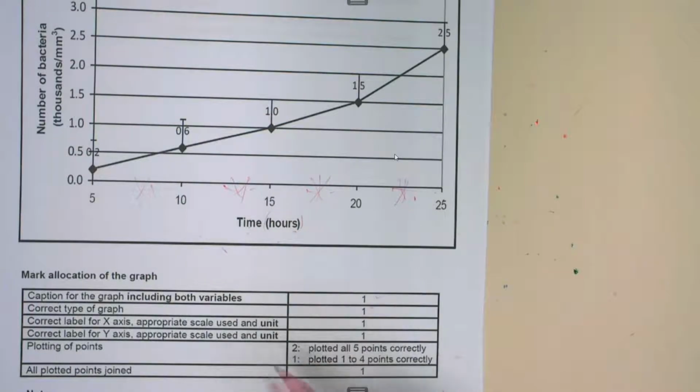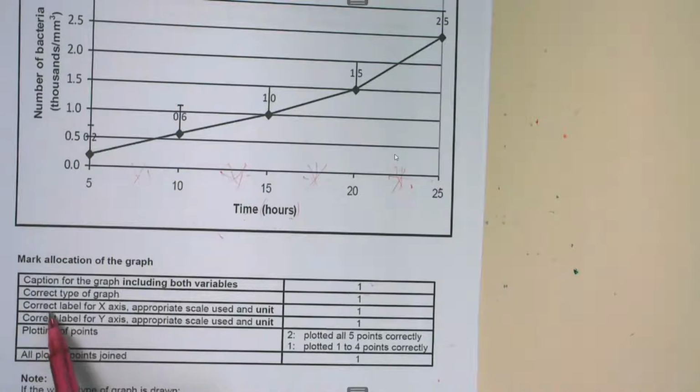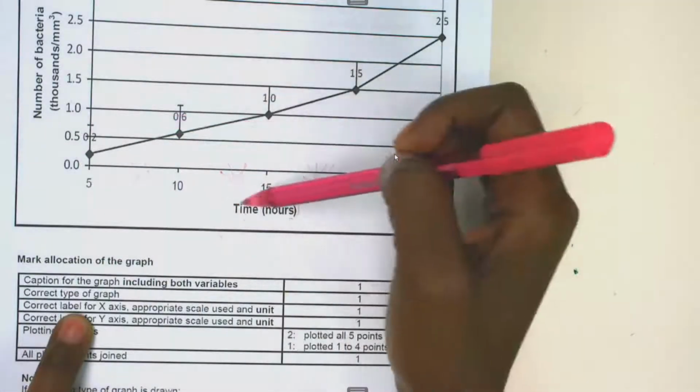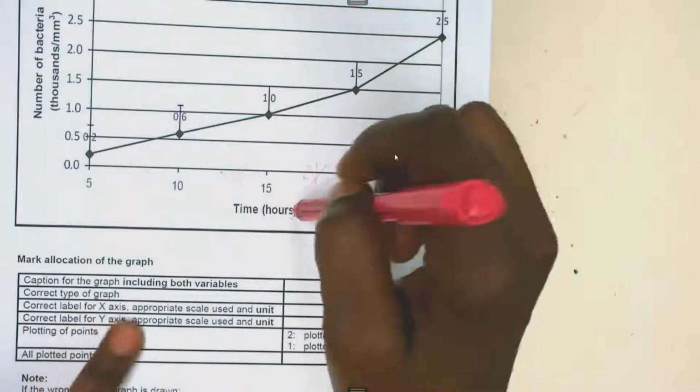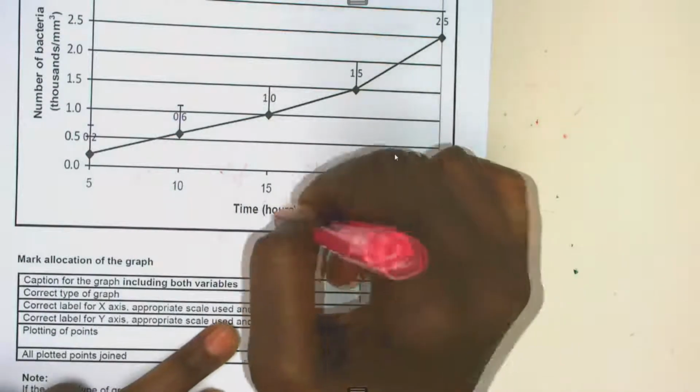And then the x-axis from this criteria. It says correct label for x-axis, appropriate scale, and unit. So all these three things share this one mark: the correct label of the x-axis, which is time in hours, the appropriate scale 5, 10, 15, 20, 25, and the units, which are hours.